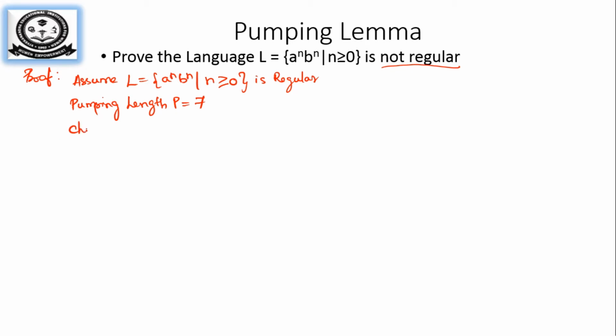Now I choose the string S as a to the P, b to the P, where P is the pumping length.